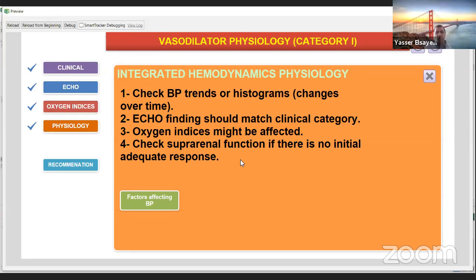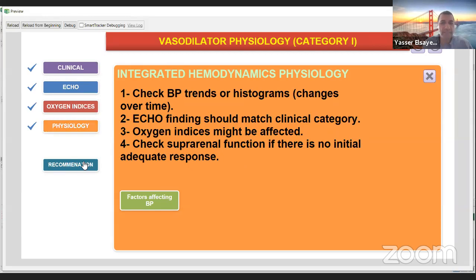Adding near-infrared spectroscopy, you will understand more about the autoregulation and compensation. And then sometimes if there is no good response, you may need to check the cortisol level, because in a lot of situations you may have someone like an infant with sepsis or septic shock with suprarenal dysfunction, and you may need to give hydrocortisone to improve the vascular resistance in this case.